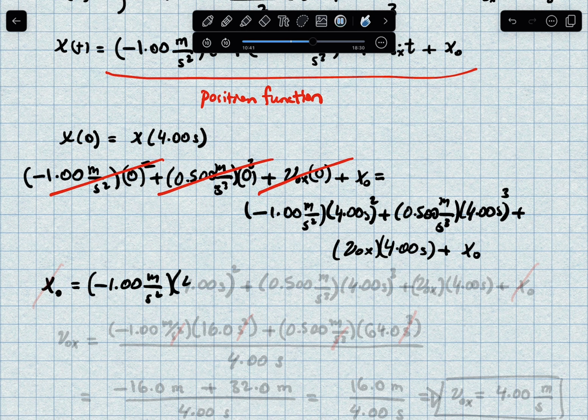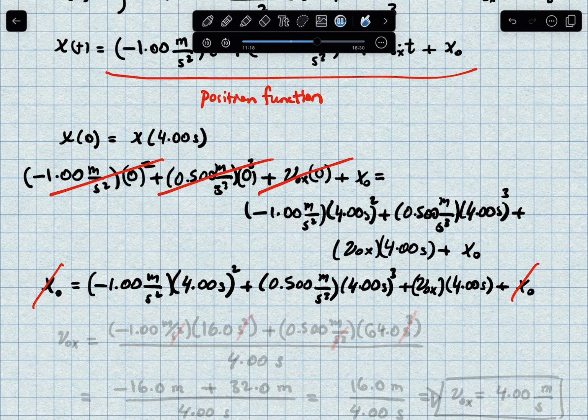This is the right side of the equation, where I substituted 4 seconds in place of the symbol t for time. This is t cubed here, so 4 seconds cubed. V naught x, and 4 seconds plus x naught.